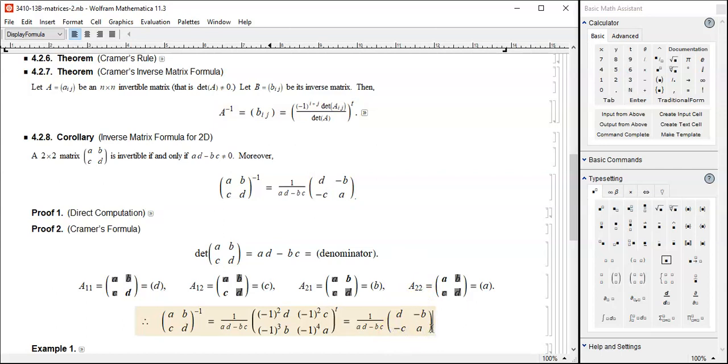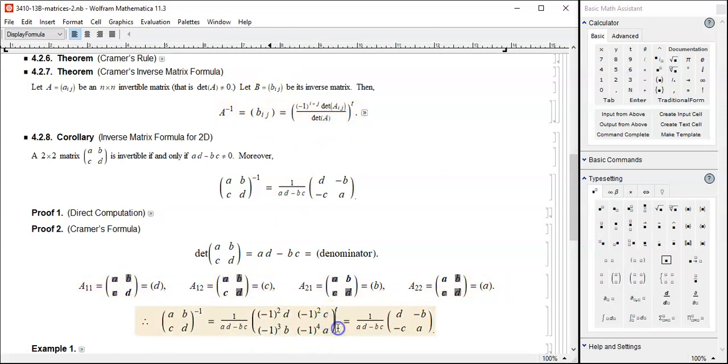And then how about these numbers? Well, these come from 1 by 1 determinants of deleted matrices. Delete the first row and first column, and what's left is D. Delete the first row and second column, and what's left is C. Delete the second row and first column, and what's left is B. And finally, delete the second row and second column, and what's left is A. So we have A11, A12, A21, A22 like this, and put those according to Cramer's formula here.